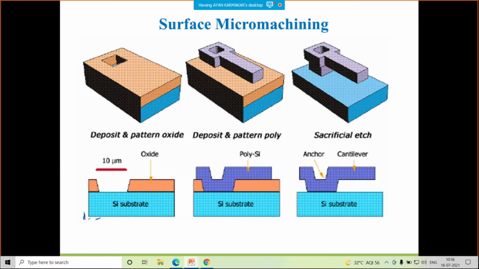Those kinds of structures can be built very easily with the help of surface micromachining. Though you know lots of challenges are there, from the design point of view and from the fabrication point of view also, and finally system realization is really difficult. But apart from these bottlenecks, you can get these hanging structures out of the surface micromachining process.